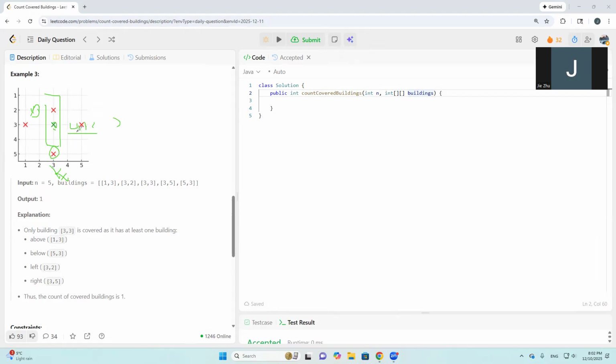But do we need to record all of the points at this x coordinate? Actually, we don't. We just need to record y min and y max. So for all of the x coordinates, we just record those two values, y min and y max.